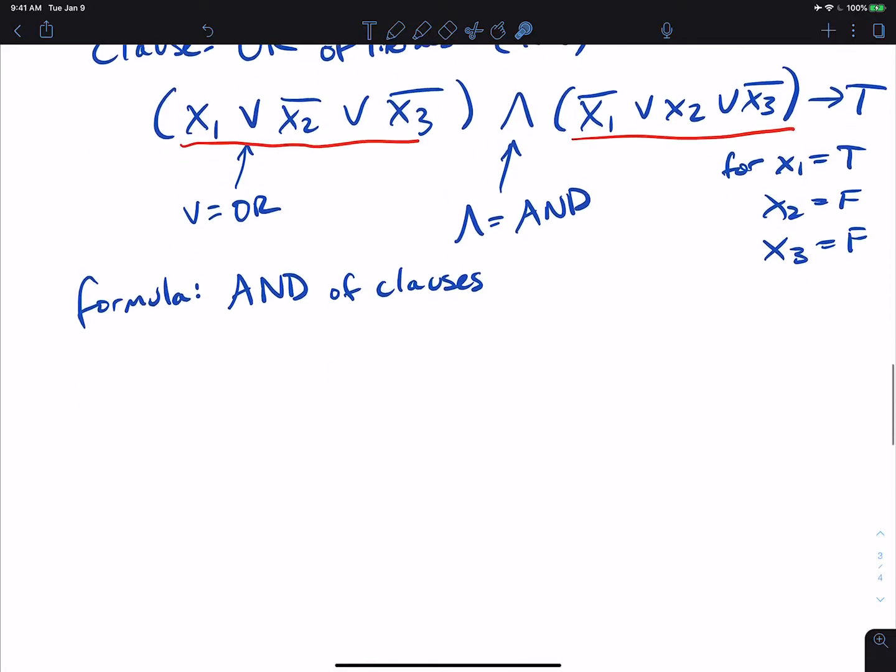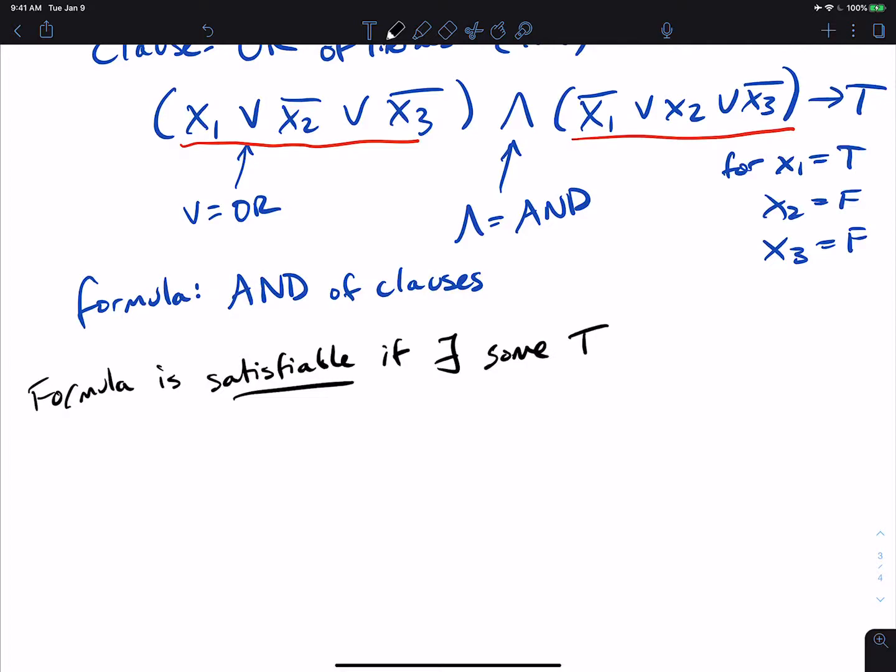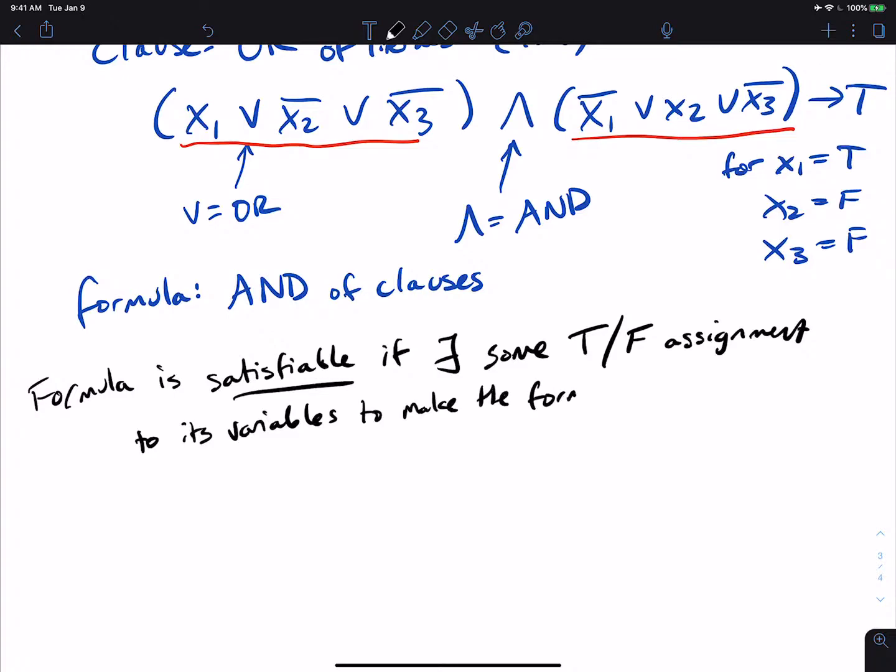So what is the satisfiability problem then? A formula is satisfiable. So the term that we're going to be looking at is satisfiable if there exists some true-false assignment to its variables to make the formula evaluate to true.